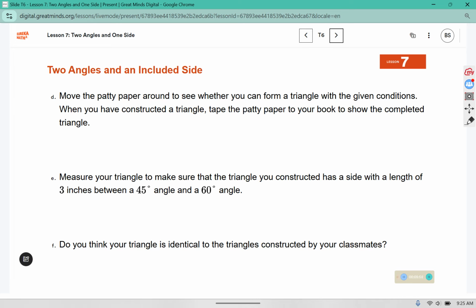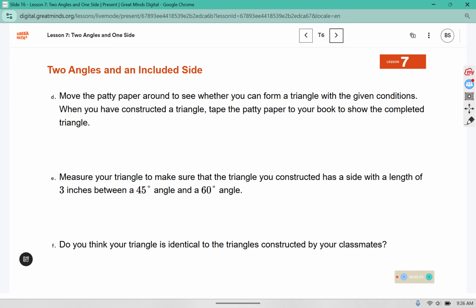D, move the patty paper around to see whether you can form a triangle with the given conditions. When you have constructed the triangle, tape the patty paper to your book to show the completed triangle. So just tape it down in part A where you constructed your triangle.